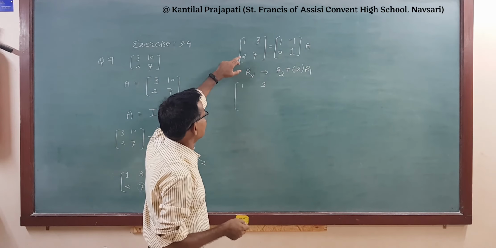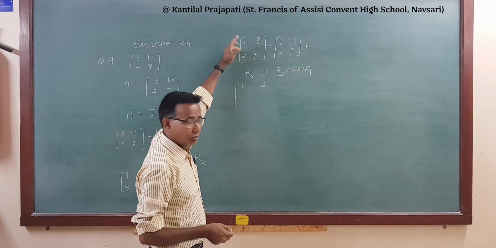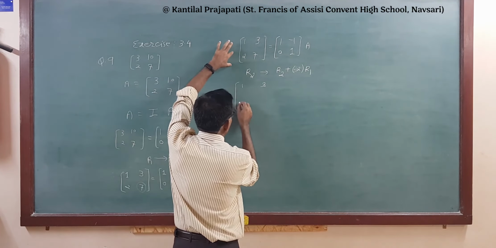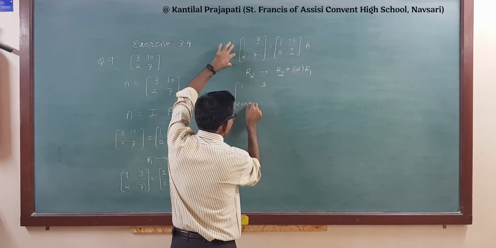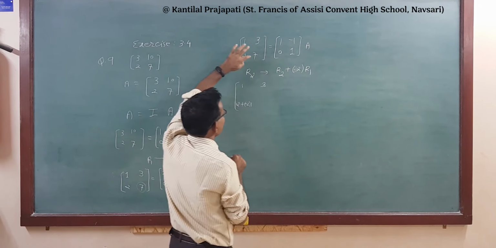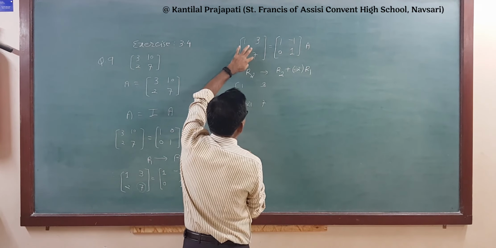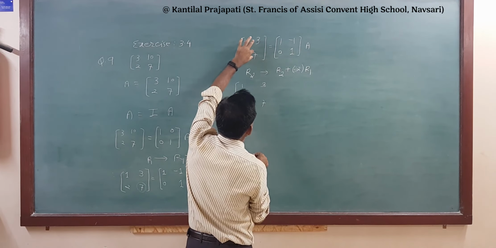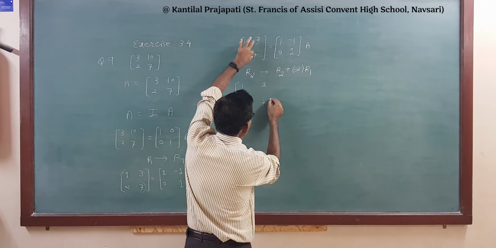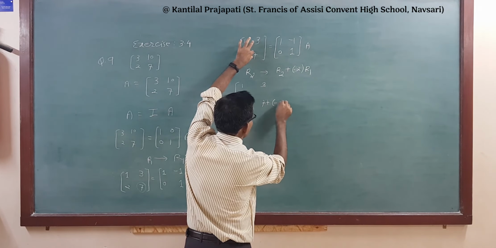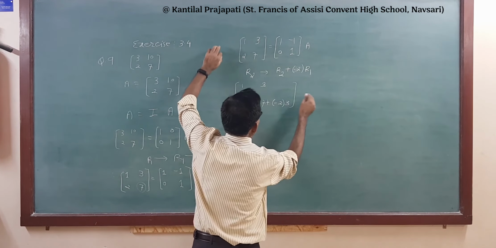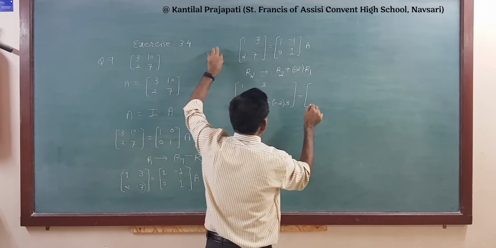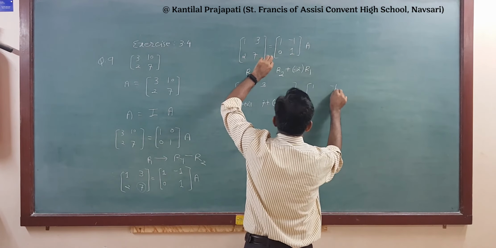Now apply this: 2 into 2 plus minus 2 into 1, and here we get 7 into 7 plus minus 2 into 3, equal to the first row as it is.